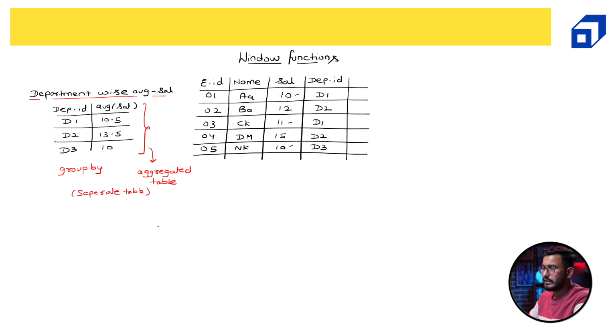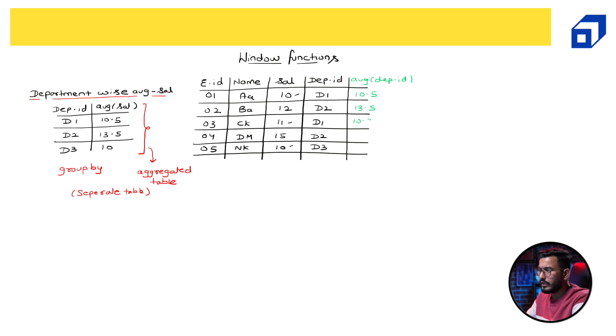So what I need is these average values as a part of the same table itself. So let's say I need the average salary per department ID over this column itself. So corresponding to D1, I'll get 10.5. Corresponding to D2, I'll get 13.5.